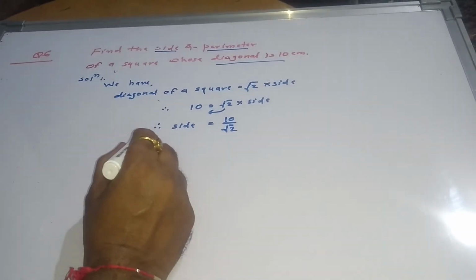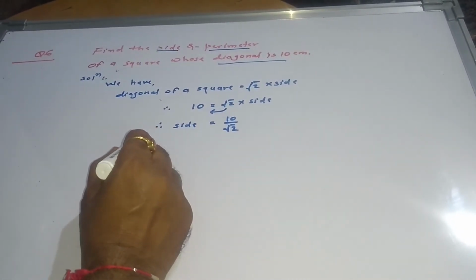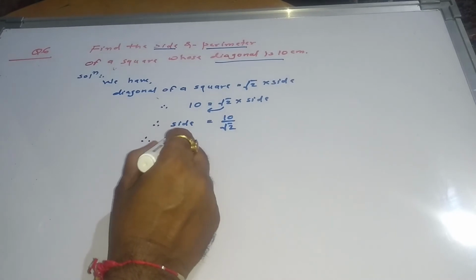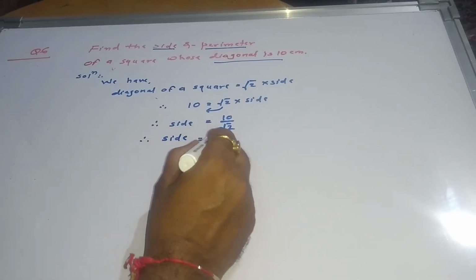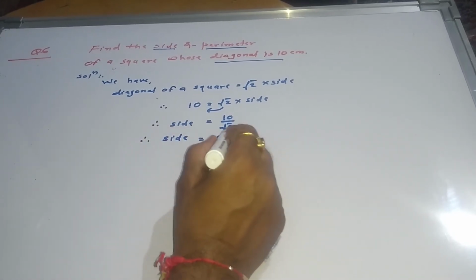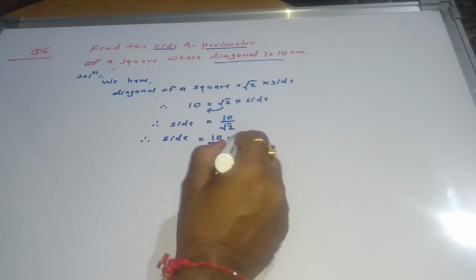So now therefore side is equal to, rationalize the denominator. So side is equal to 10 √2 upon √2 into √2.